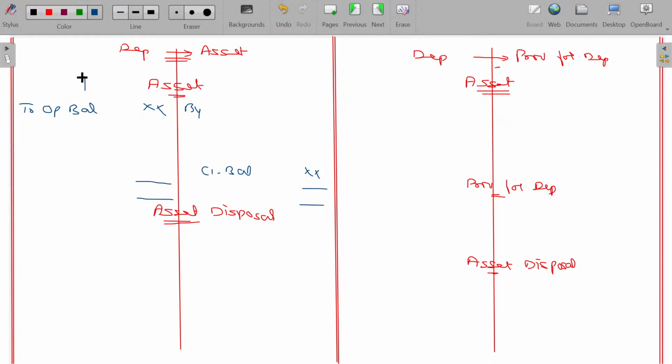All the transactions that increase the value of the asset should be debited and decreases should be credited. When you purchase a new asset, it raises the value of the asset. Bank, in bracket, purchases.